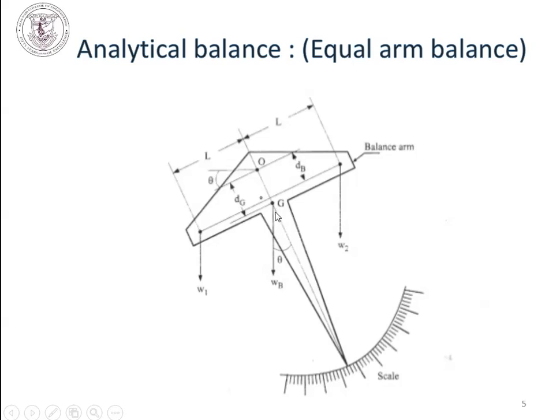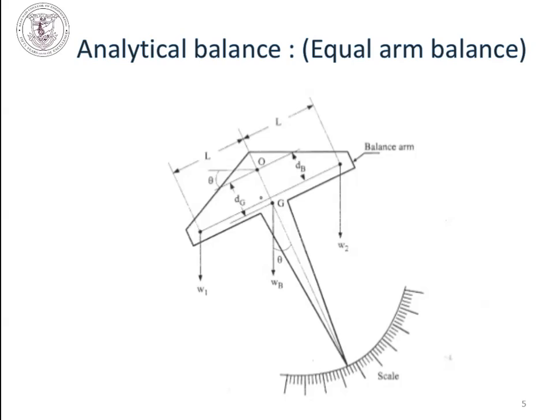During that time, it will make an angle with the vertical axis, that is theta. If W1 and W2 are equal, then theta will be 0. If W1 and W2 are different, we will get a theta angle due to the deflection of the pointer.